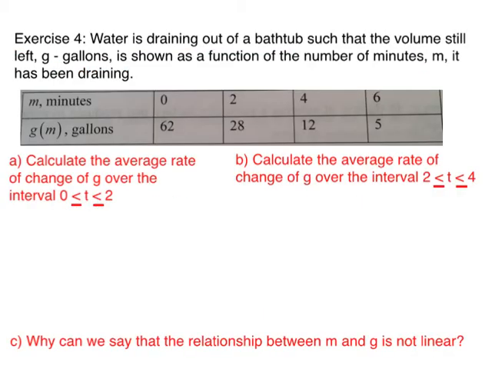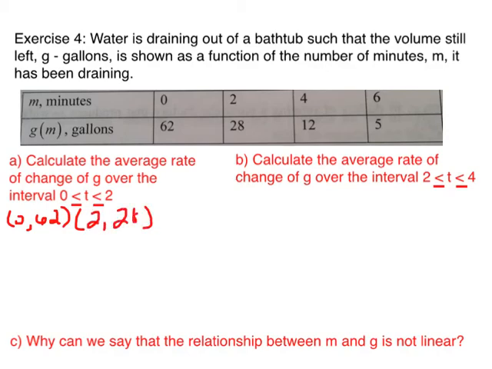Exercise 4. Water is draining out of a bathtub such that the volume still left, G gallons, is shown as a function of the number of minutes, M, it has been draining. Calculate the average rate of change of G over the interval 0, 2. So I have 0, 62, and my other point would be 2, 28.